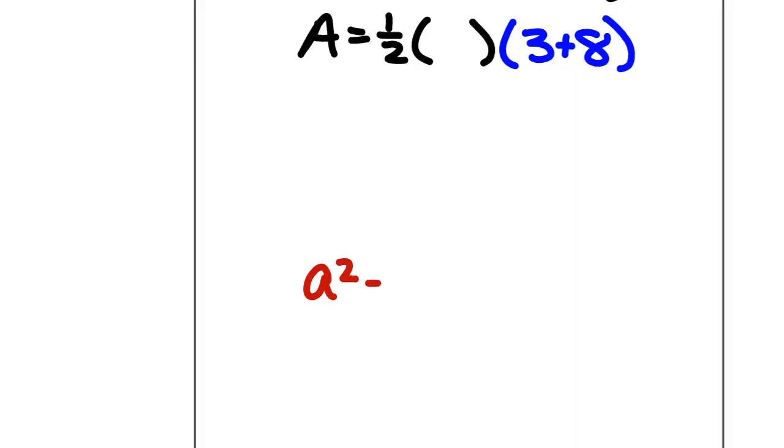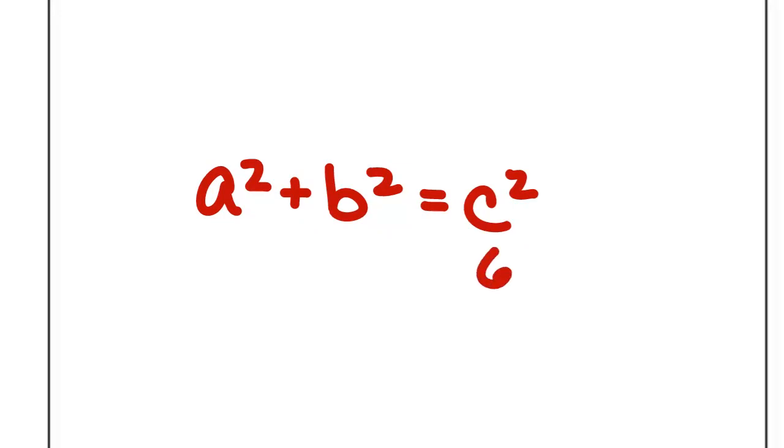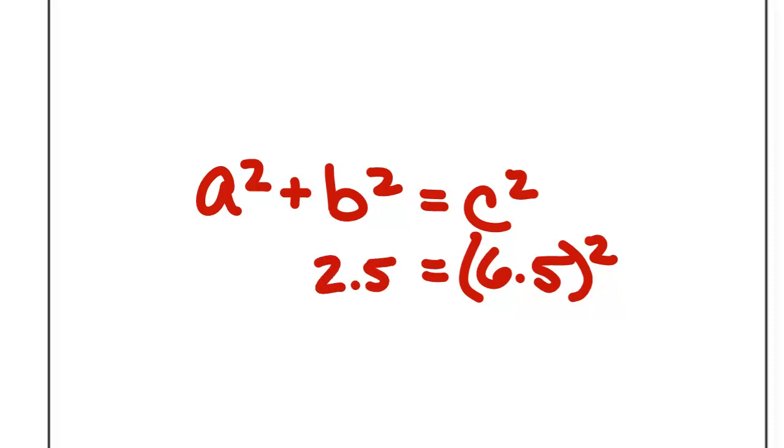A squared plus b squared equals c squared. C has to be my hypotenuse. How big is C here? 6.5. That is opposite my right angle, so it has to be my hypotenuse. What goes in for A and for B? Yes, 2.5 and H.